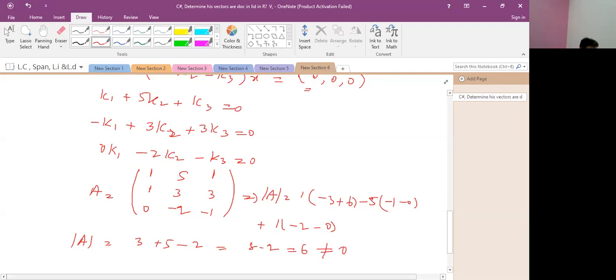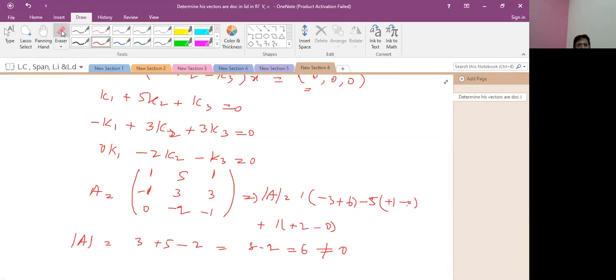I have a mistake. This one should be minus 1. So again we will check our values. Minus 3 plus 6, 5 plus 1 minus 0, and it is plus 2.